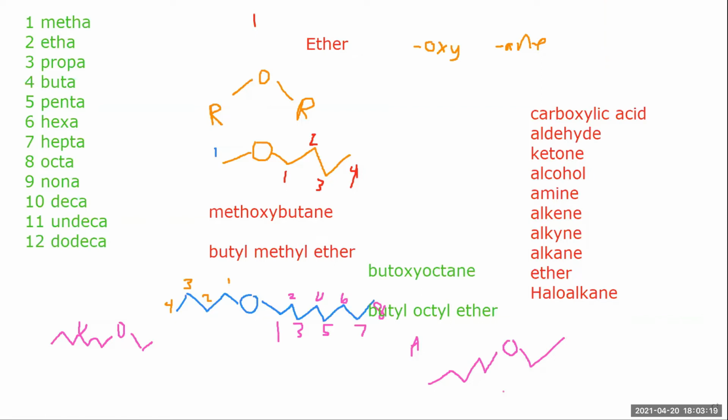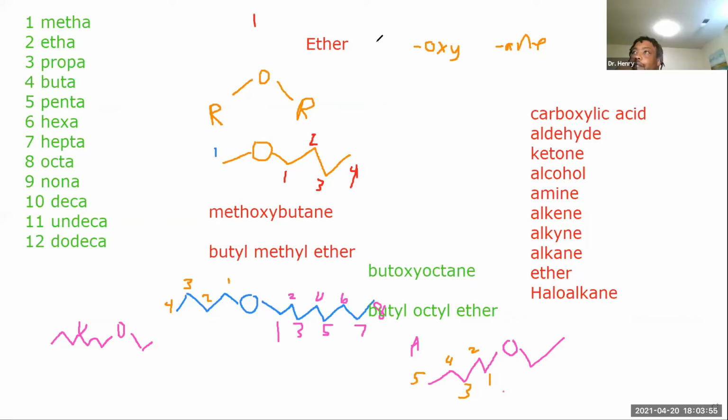Okay, we're doing the one on the right bottom. You start counting from right to left. 1, 2, 3, 4, 5.